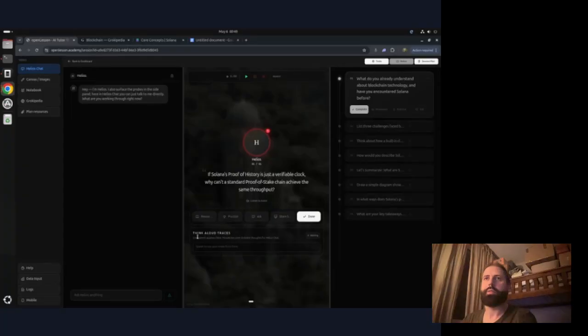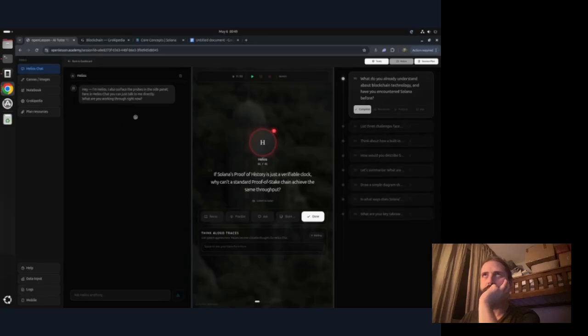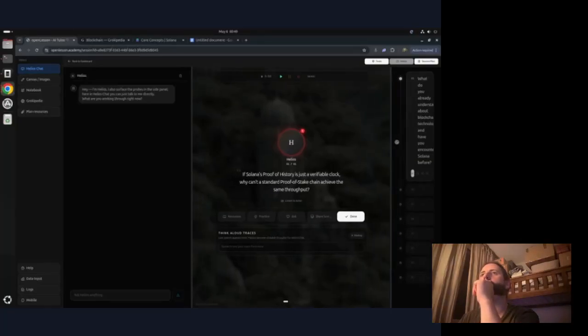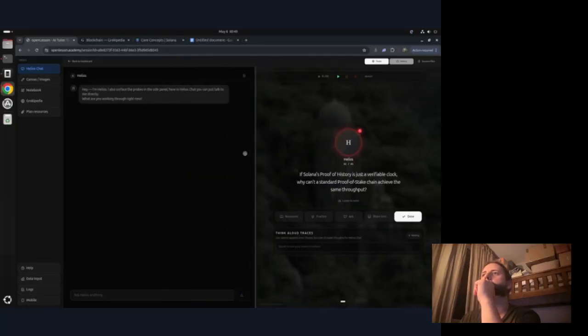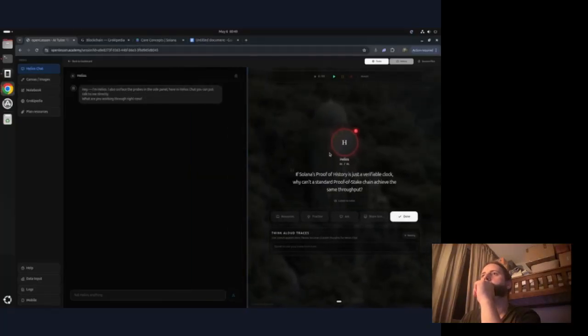I have the think-aloud traces here, but the conversation with the probes is happening in the chat. I can invest a bit more in the chat, make it more useful, and completely get rid of the session plan. Then it's only two things you have to worry about.